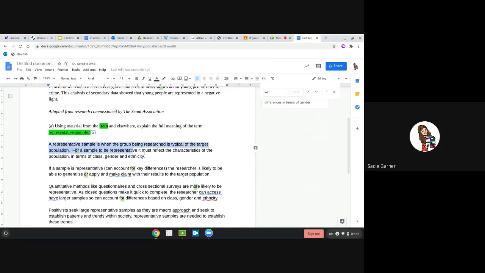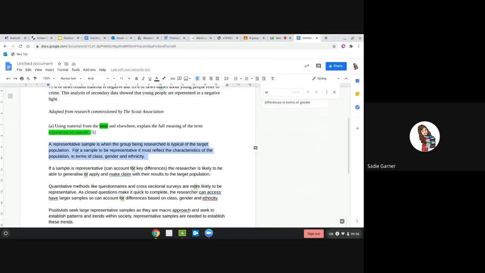Definition. It's when your sample is typical or can account and represent key differences. So, for example, when particularly female rappers talk about, quite a lot of the rap community or hip hop community talk about representation, what they're saying is, I'm here trying to represent a group that's been marginalized or not been included.